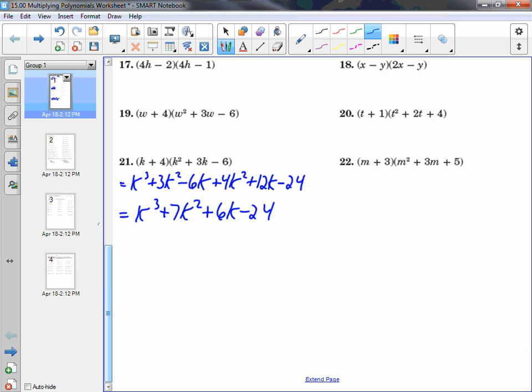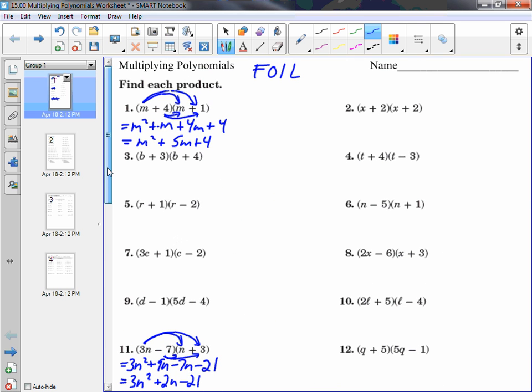Okay, good. Now, while you're working these, not necessarily the ones like 21, but the binomial times a binomial, our goal tomorrow, Monday, whenever the next day is, is to be able to do this backwards and factor. Okay? So next time we'll start with m squared plus 5m plus 4 and end up with the quantity m plus 4 times the quantity m plus 1.